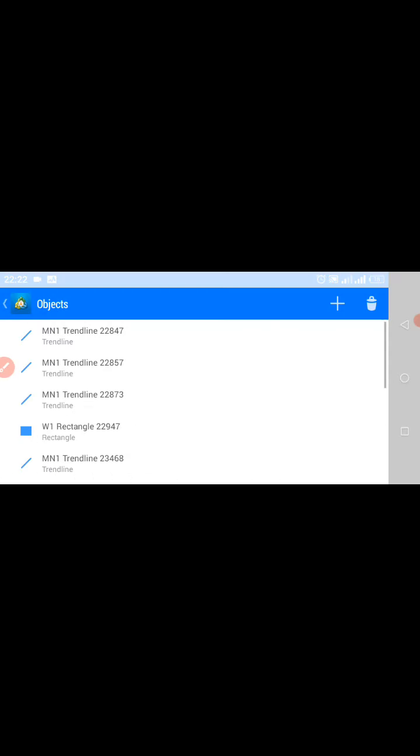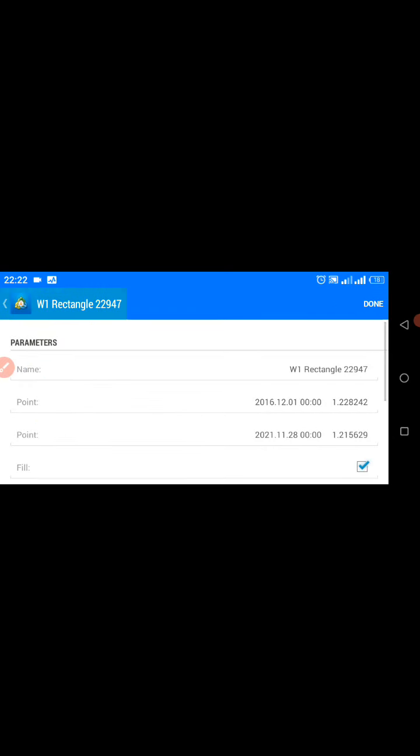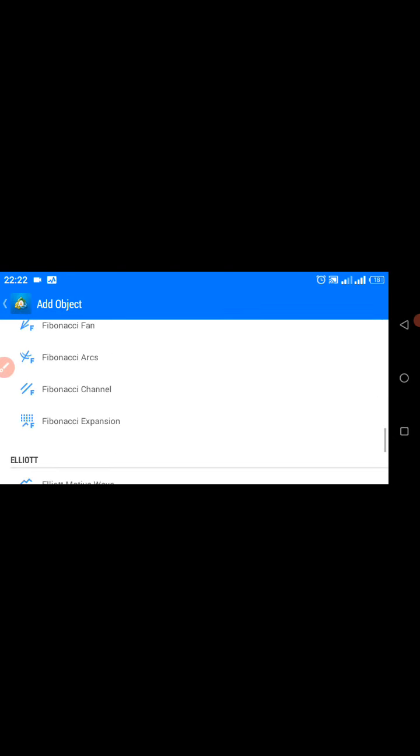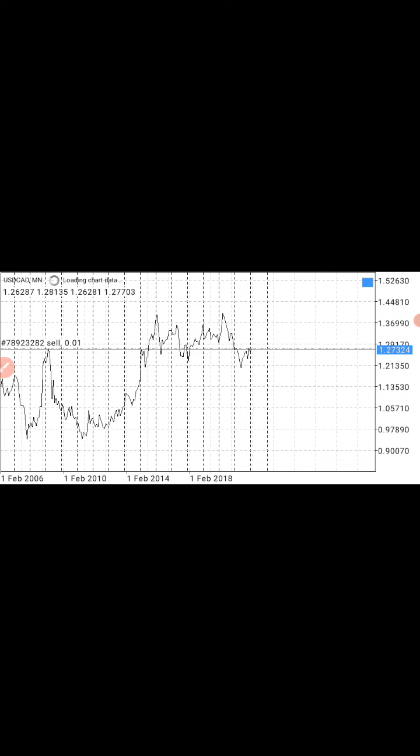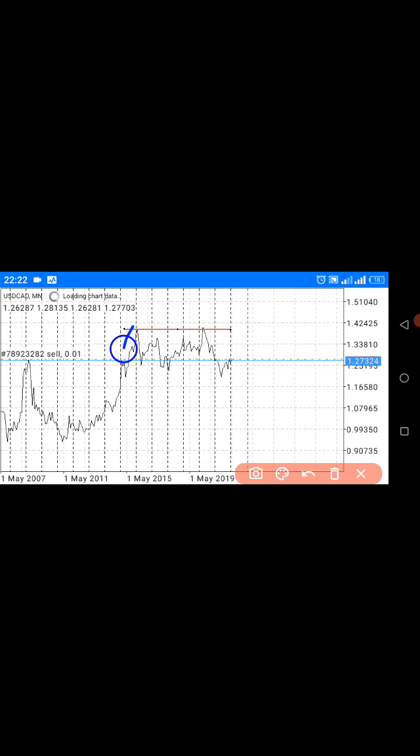You can see it. You see that we have our first touch here and our second touch here. So this is what we really have. This is the formation that we have here.